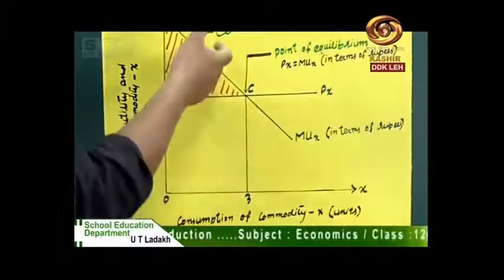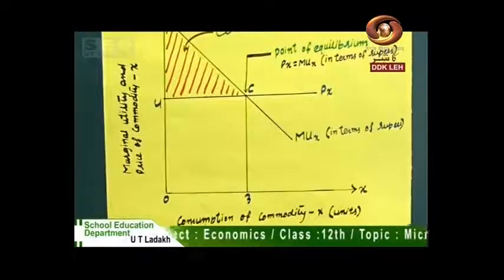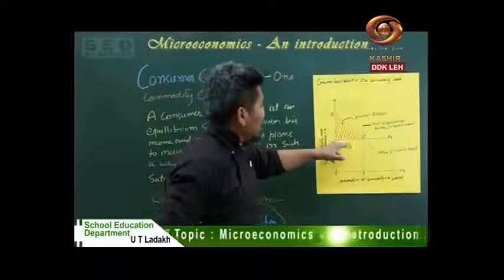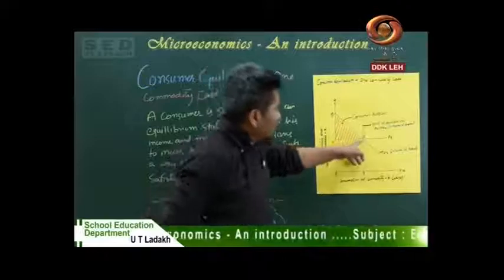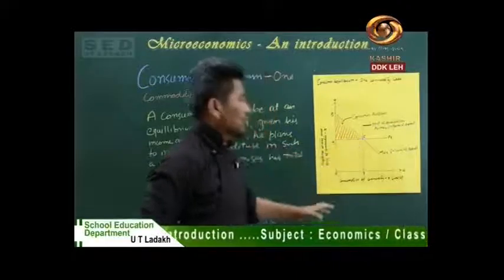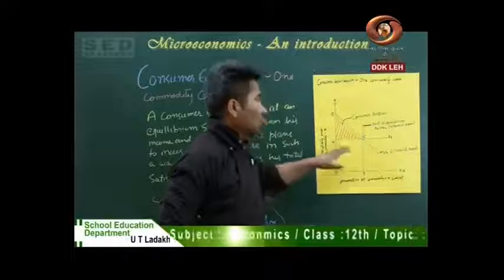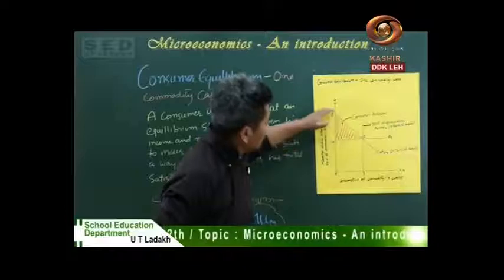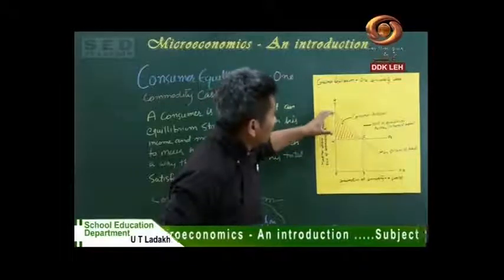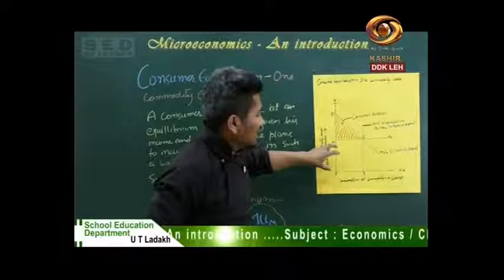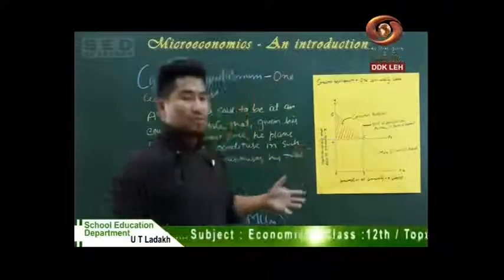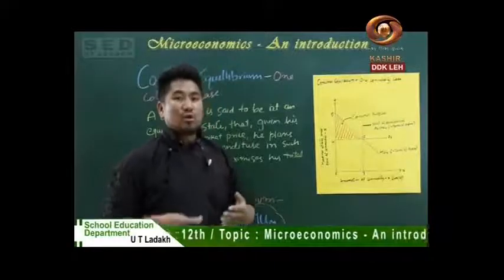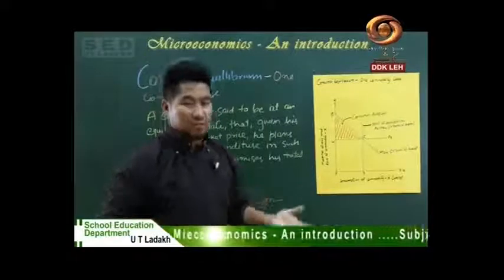It means he is getting some kind of surplus which is called consumer surplus. So the consumer surplus is maximum at the point of equilibrium, where what he is willing to pay equals what he actually pays. Otherwise, above this point, what he is willing to pay is greater than what he actually pays. For example, sometimes we go to the markets, you want to buy a mobile phone for which you want to spend, say, 10,000.